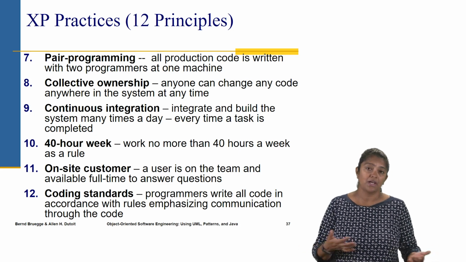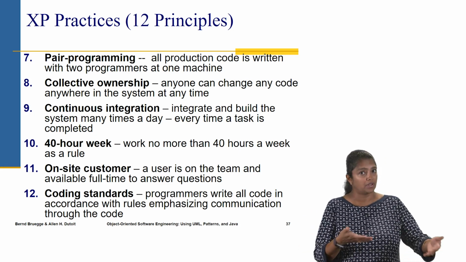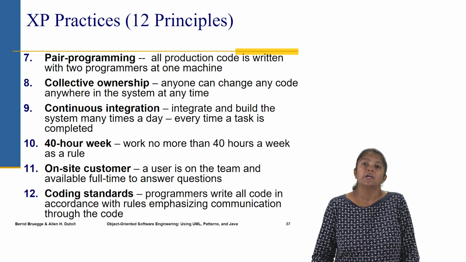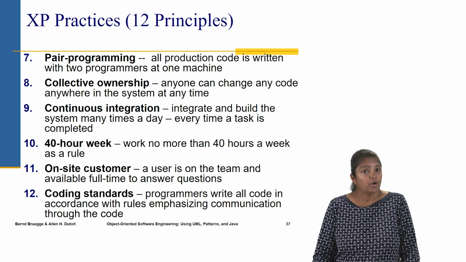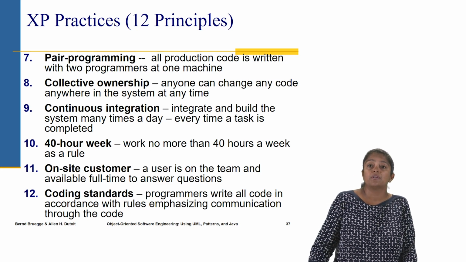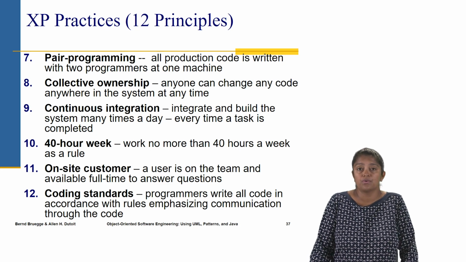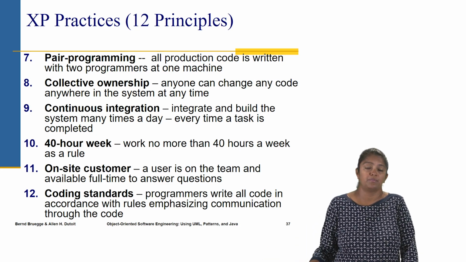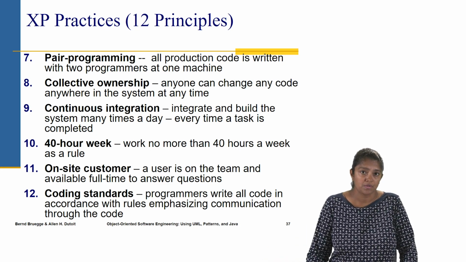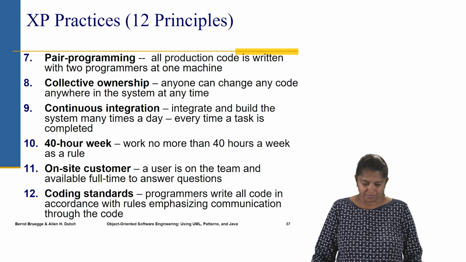Usually that's not the case, but if an organization considers collective ownership important, then that's how it's done. Continuous integration, 40-hour week. There are some organizations that believe that working more than 40 hours a week hampers productivity. So as a rule, none of their developers are supposed to work more than 40 hours a week. So that's one of the practices.